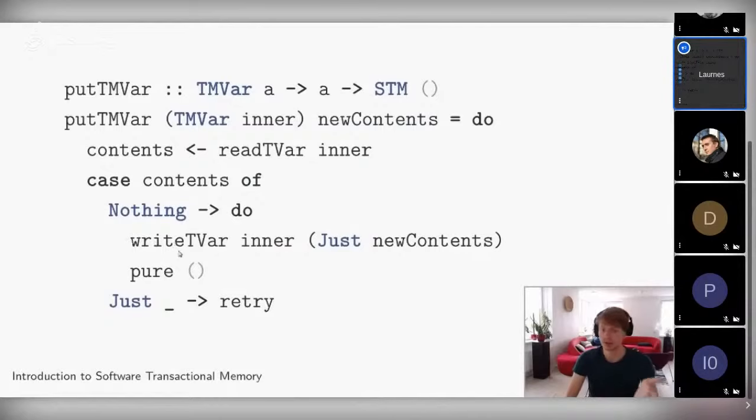Namely, we can use the writeTVar function to write to this inner transactional variable the Just with the new contents, and then we pure unit to signal success. And if the contents of this TMVar were actually non-empty, so if there's a Just in there, then we retry. And STM will take care of the blocking and the locking and all that sort of thing.